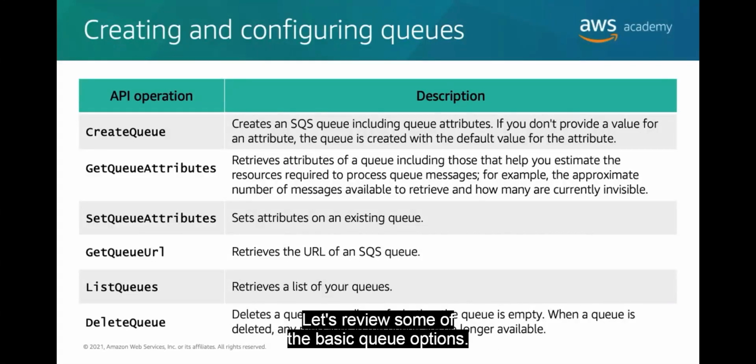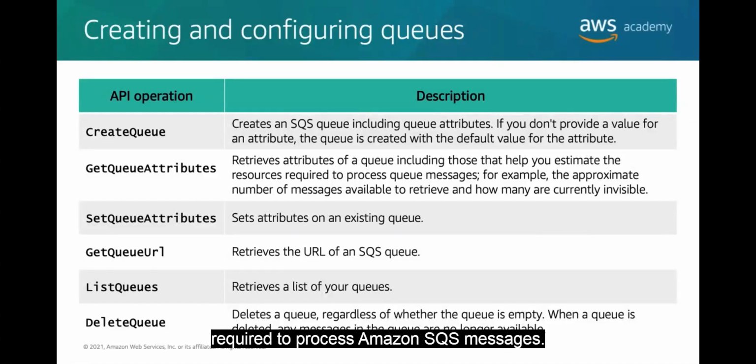Let's review some of the basic queue options. Use create queue to create an SQS queue including queue attributes. With set queue attributes and get queue attributes, you can set and retrieve the attributes of a queue respectively. These options help you estimate the resources required to process Amazon SQS messages.